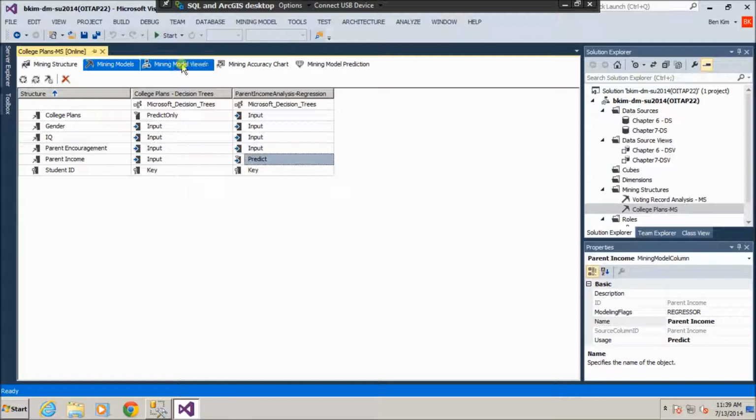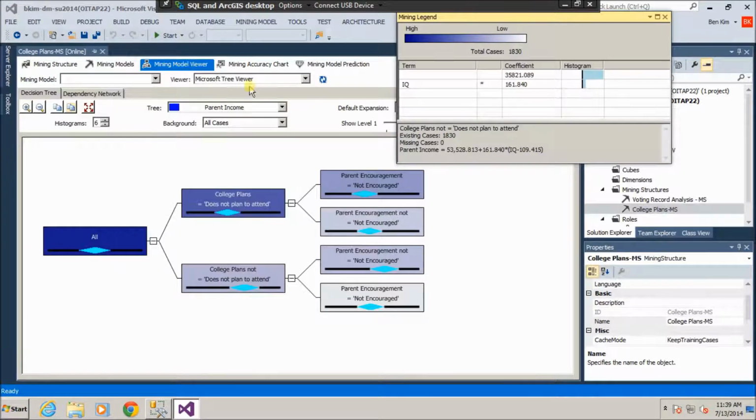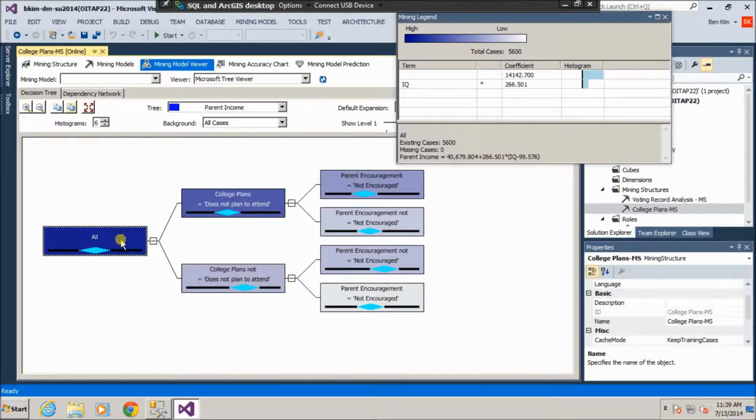Alright, so let's look at the model viewer. As you can see over here, they actually build the regression model for each node. So let's look at the one at the top. This is basically a simple linear regression, and they show the coefficients in the regression model.